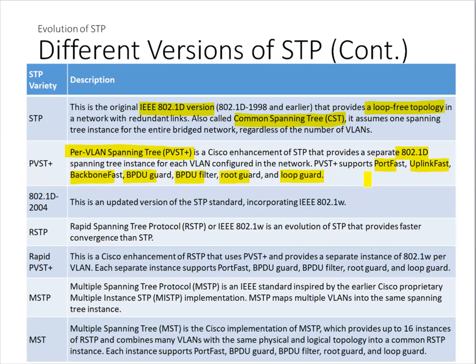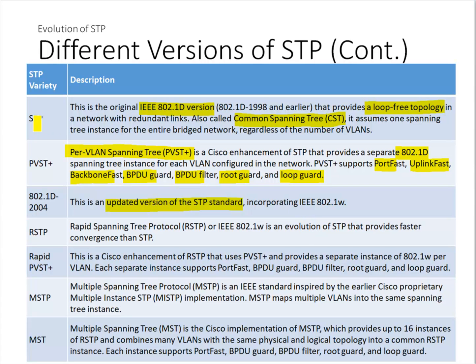The next one is 802.1d 2004. This is the updated version of the STP standard, incorporating IEEE 802.1w. Then RSTP, rapid spanning tree protocol, or 802.1w, is the evolution of STP that provides faster convergence.